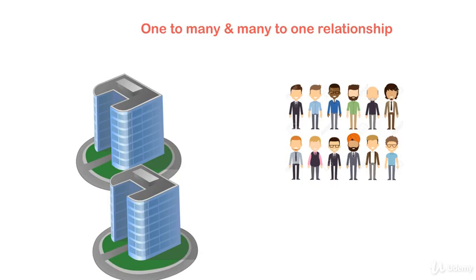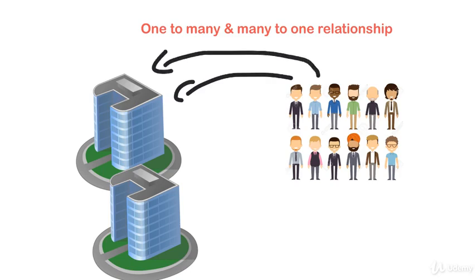Here the entities are the organization and the employees. Let me show you with the help of arrows, or rather these lines, which employee is working for which organization, and let me name the above organization as 1 and the below one as 2.